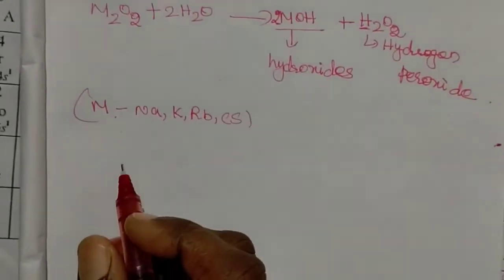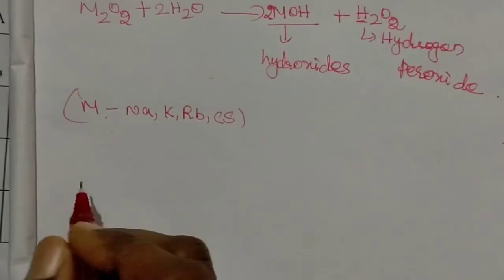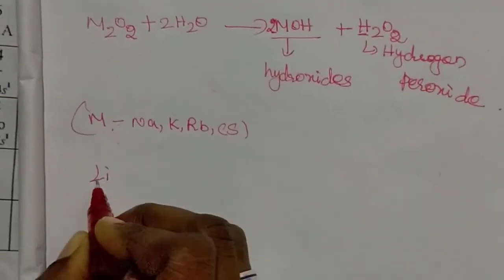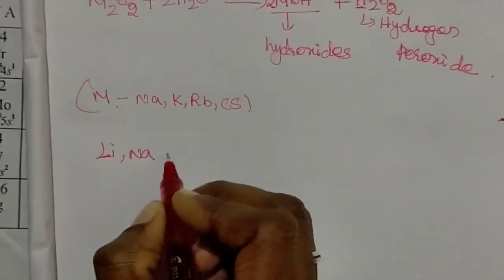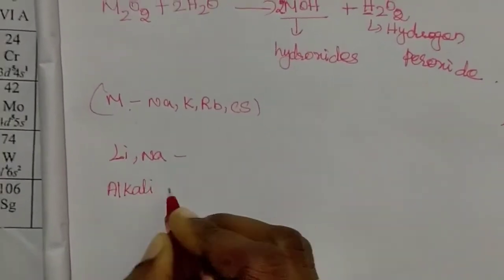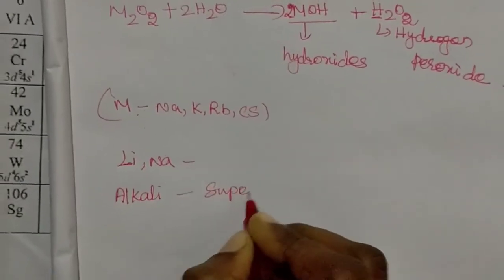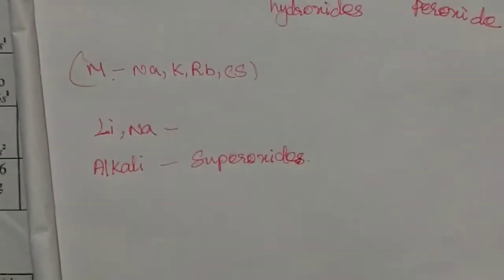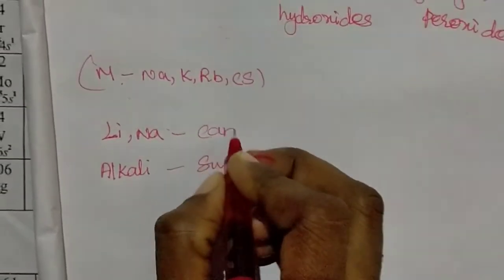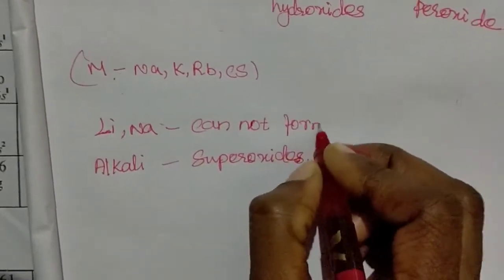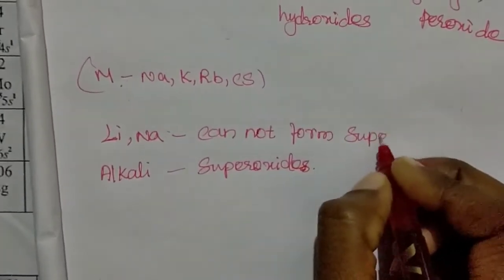The next general character of the alkali metals: except lithium and sodium, other alkali metals can form superoxides. Lithium and sodium cannot form superoxides.